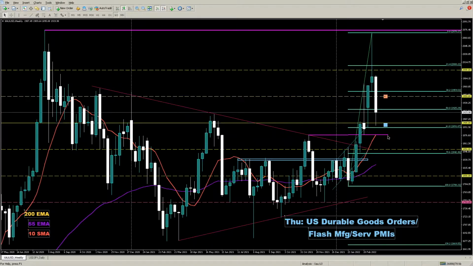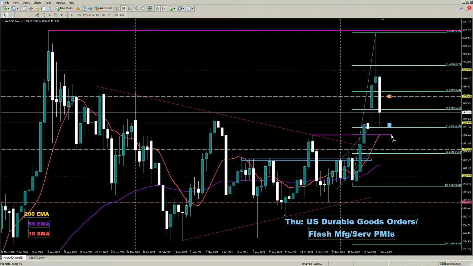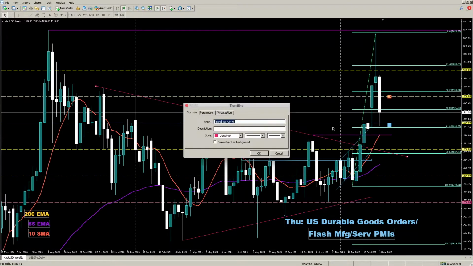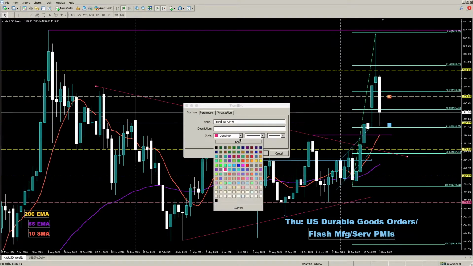It needs to clear these support areas, and if it dips lower, it could come back to retest this zone where the 1850 is, along with the 786 fib retracement and the upper trend line of this triangle.